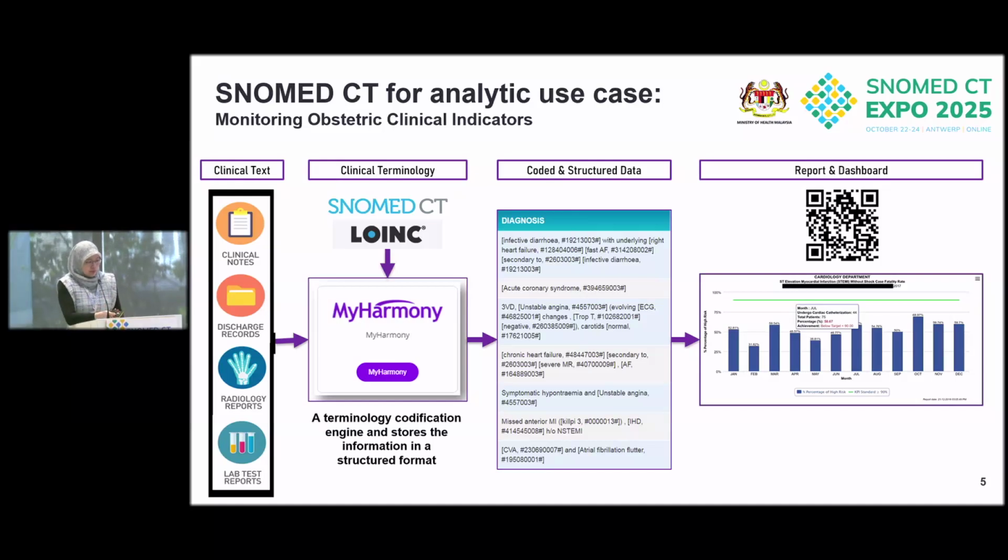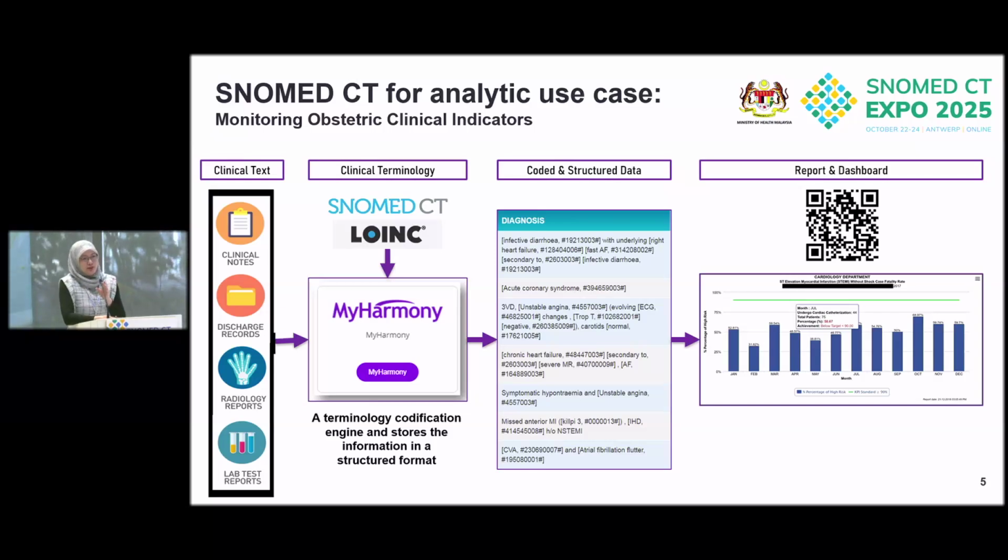And if we want to show this to our clinicians so that they can understand better, it is the third picture there, coded and structured data. So in there, for example, if we do this on just the diagnosis column, it will pick up those terms, right? For example, here it got infective diarrhea or heart failure, fast AF, right?